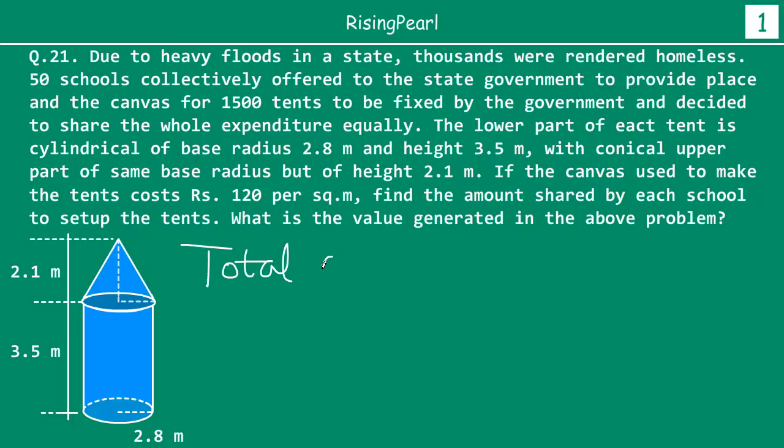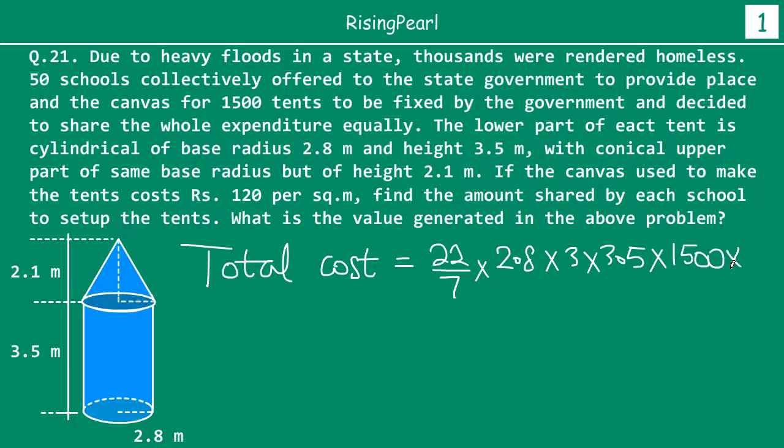So total cost will be equal to pi r 3 times 3.5 times 1500 times 120. Why 120?